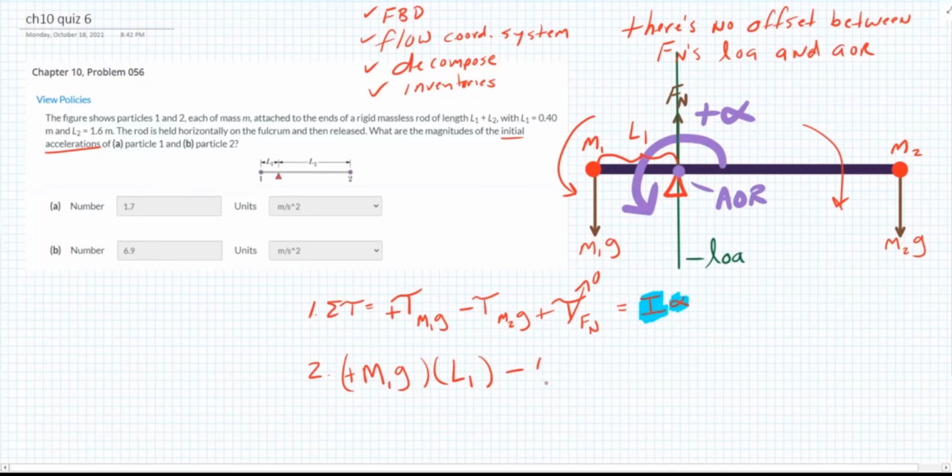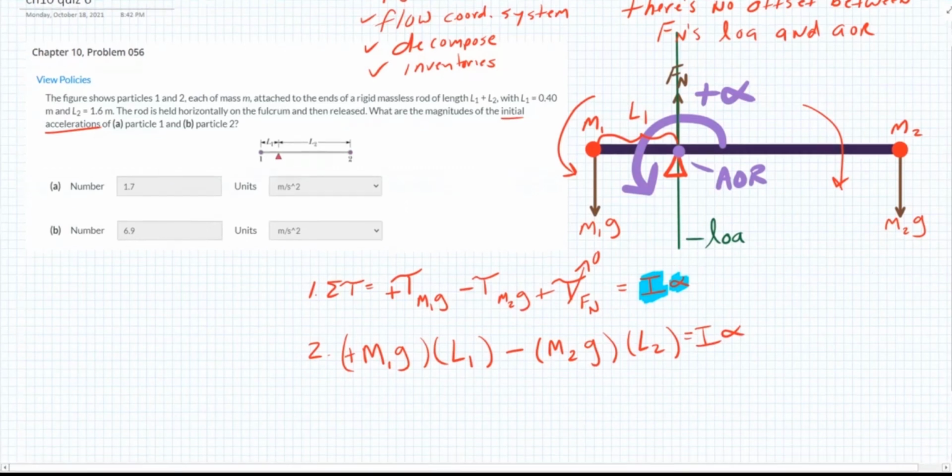Here's the force that's producing the torque, and here's the torque arm. It's equal to L2. What does that equal? I times alpha. And alpha is the dollar sign. Well, no, it's not quite, but the dollar sign lives in the alpha. All right, let's keep going.